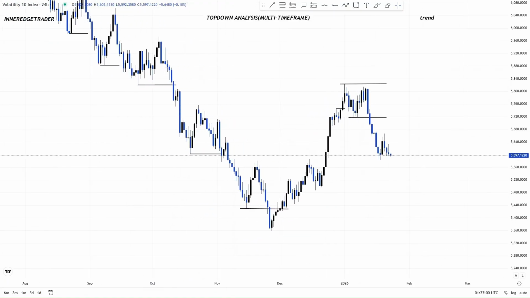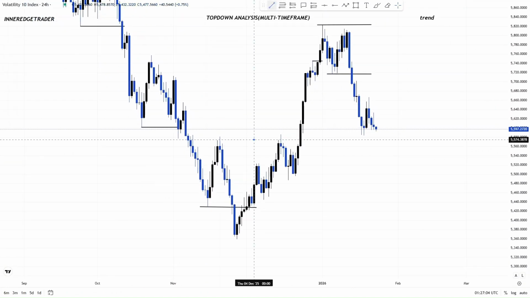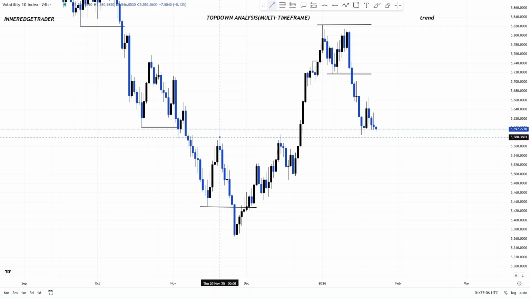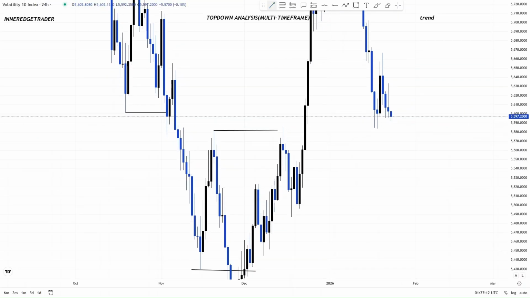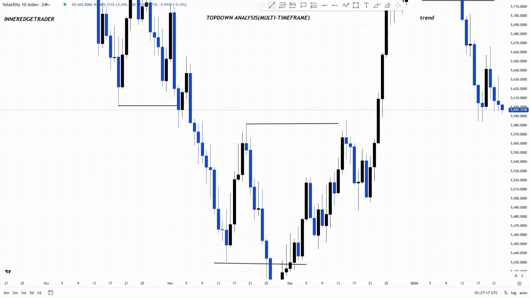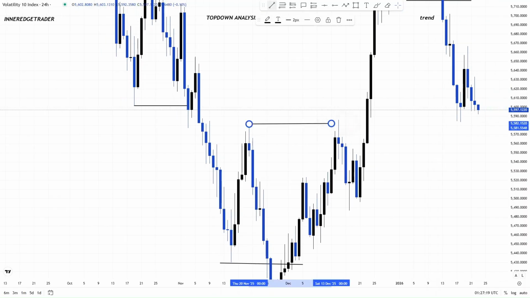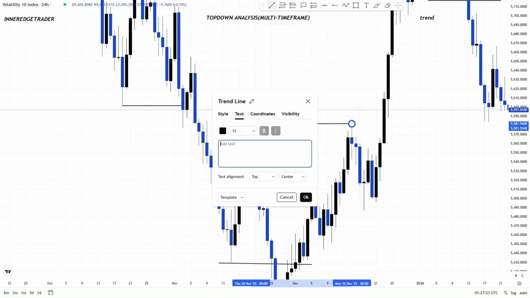So if you observe all this, you see this is after a break of structure. If we break it to the upside without a clear text, we have a change of character. So this is your change of character.